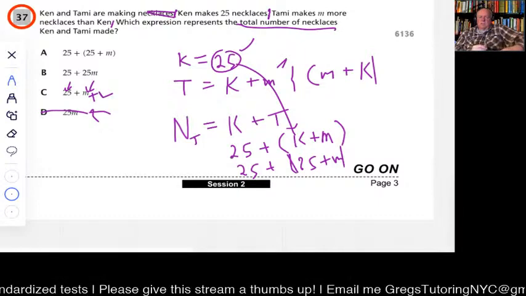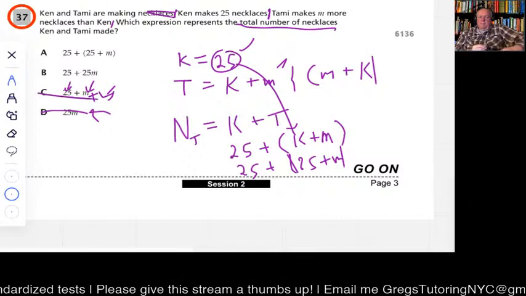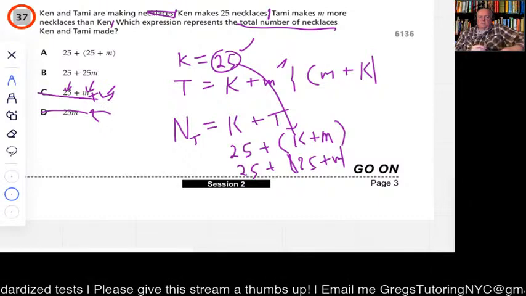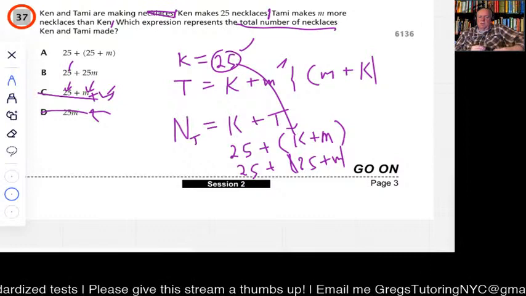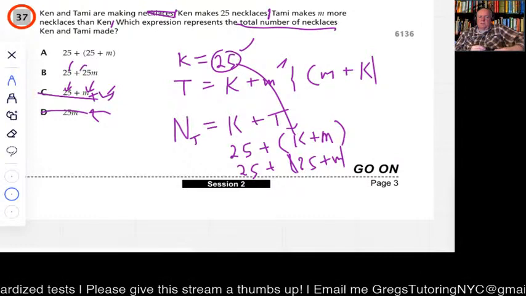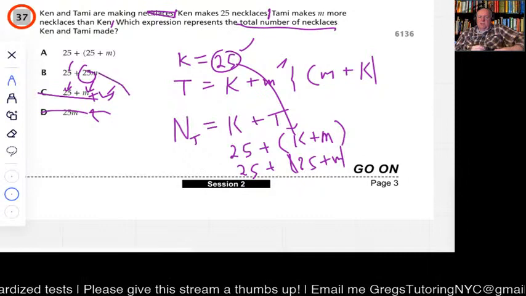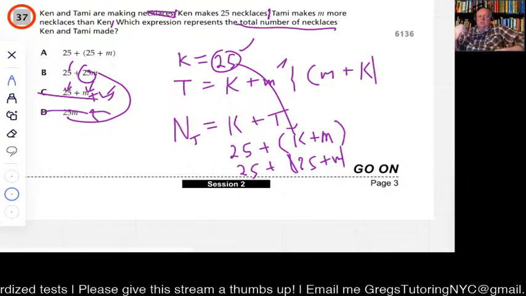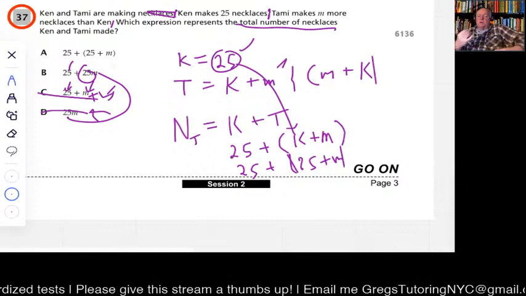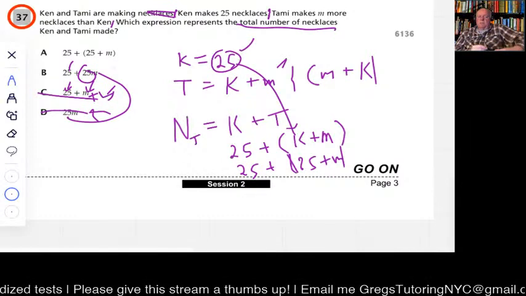So that's no good. And then B is 25 plus, which is Ken, plus her. But again, the problem with this 25M is the same problem we had with D. That's not saying she makes 25 times more. She just makes 25 units more, plus 25. So B is no good either.